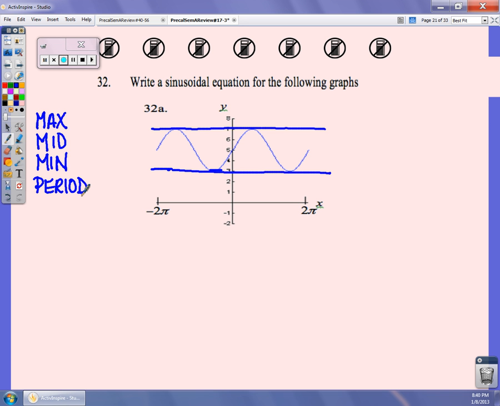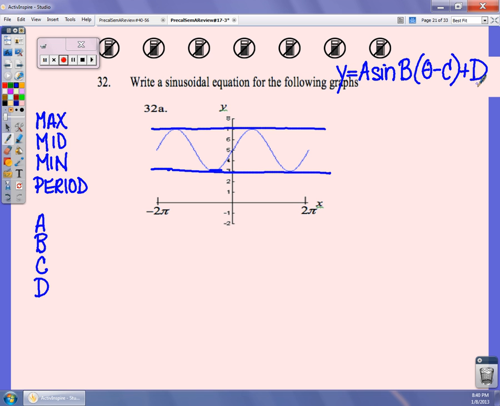From the information that we get here, we will be able to determine the values A, B, C, and D and use those to write the equation in this form. y equals A sine B(theta minus C) plus D.